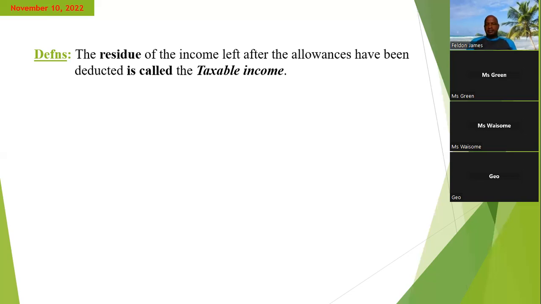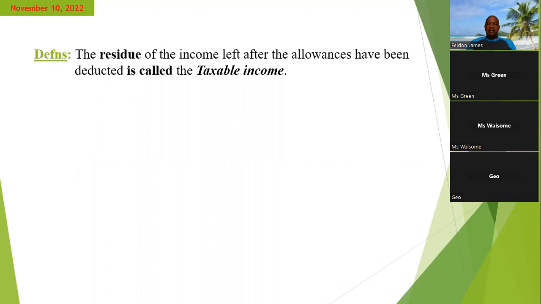What you're given allowance on would be the things that are not taxed. You subtract your allowances from your income first, and whatever remains, that's what they tax.